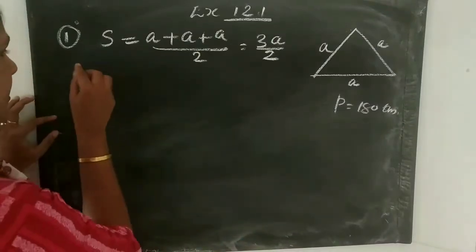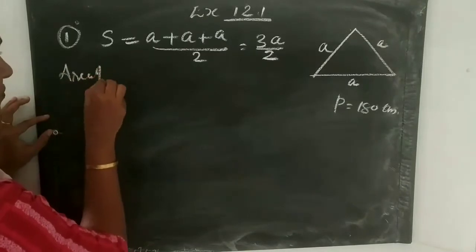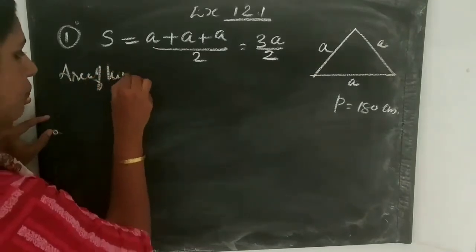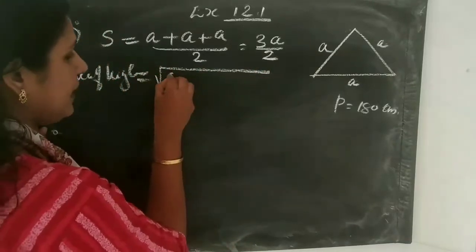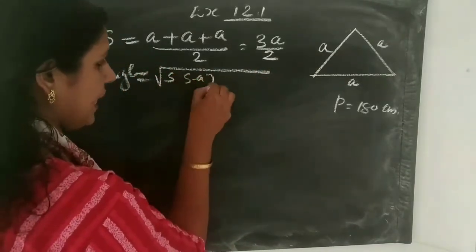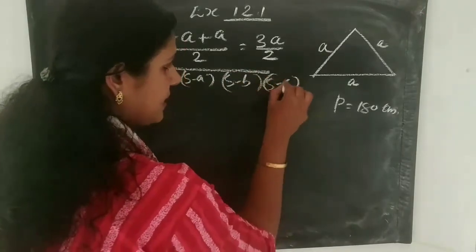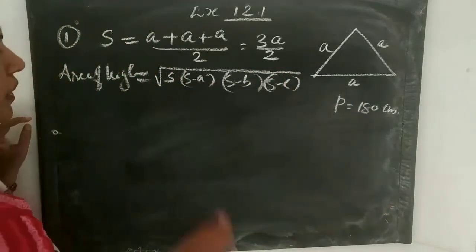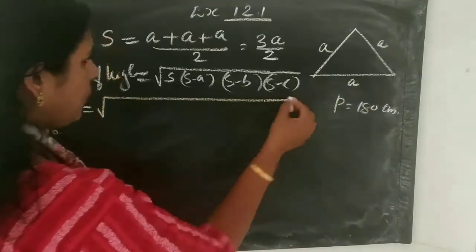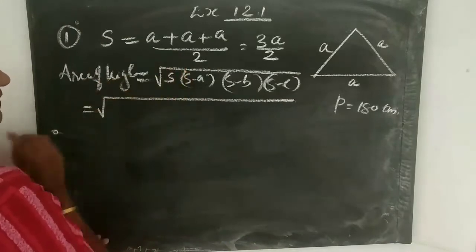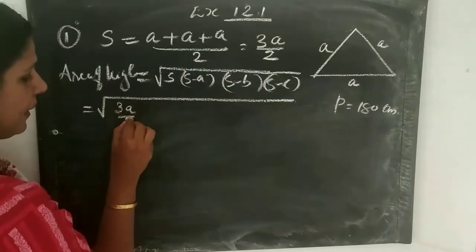Then the equation, that is, area of a triangle equals root of s into s minus a into s minus b into s minus c. Now substituting, s is 3a by 2.